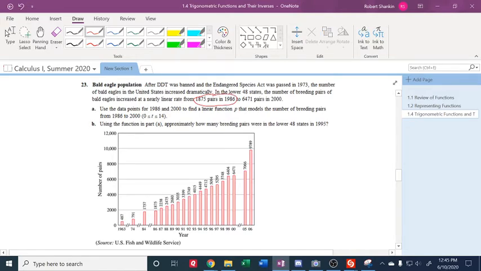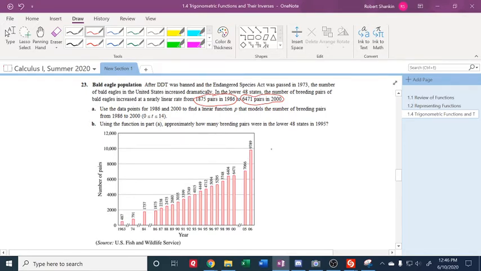There were that many pairs in 1986, and then there were this many pairs in 2000. Using just the data from 86 to 2000, find a linear function p that models the number of breeding pairs from 86, which will be counted as t equals 0, to year 2000, which will be t equals 14.